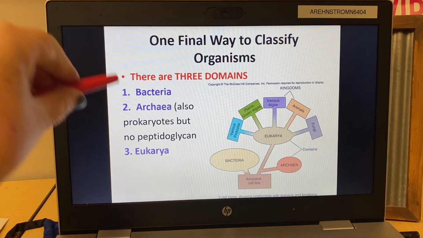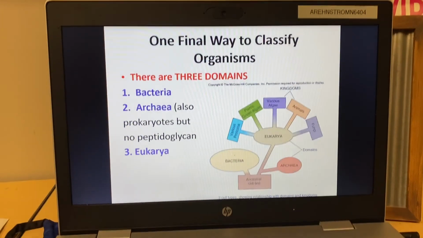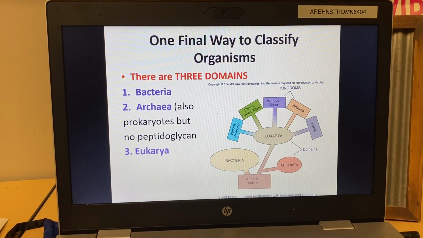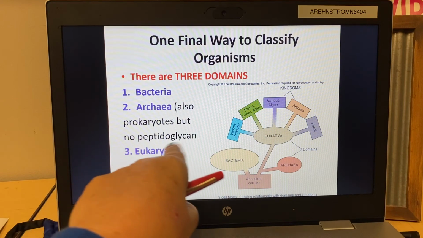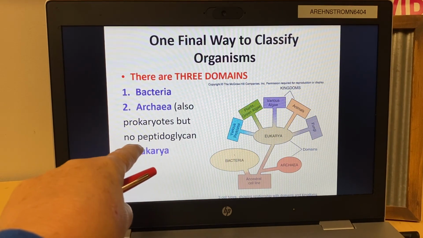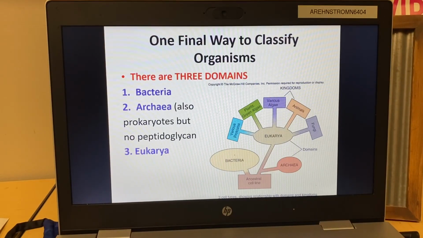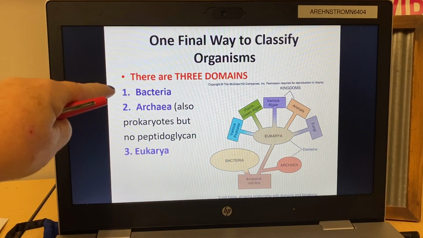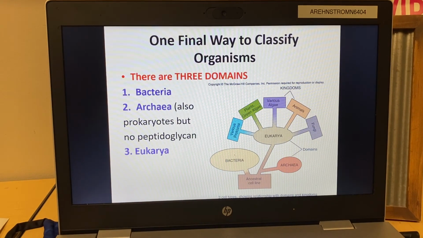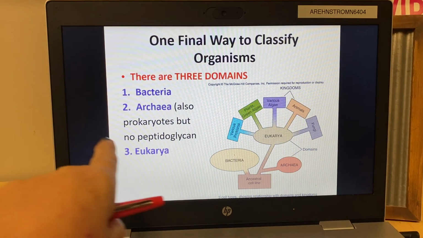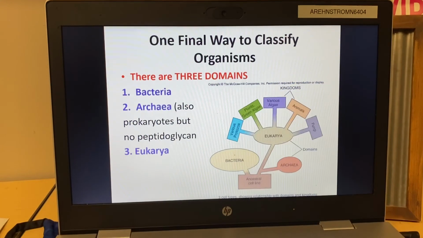They are their own separate domain because their DNA is a little different. Also, you remember I talked about this chemical, peptidoglycan, which is only found in the cell walls of bacteria. Archaea, even though they are similar in size and structure to bacteria, don't have any peptidoglycan in their cell walls, and that's what makes them distinct. That, and they tend to live in really weird environments.